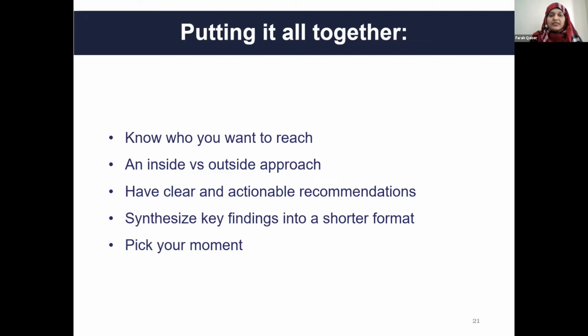If we synthesize it together, probably the first important thing is that you want to know who you want to reach. You don't want to reach out to the provincial level of government when really the person who's in charge of deciding how much money is allocated to science is at the federal level. Similarly, you don't want to talk about educational changes when that's a provincial responsibility. There's also this idea of an inside versus outside approach.